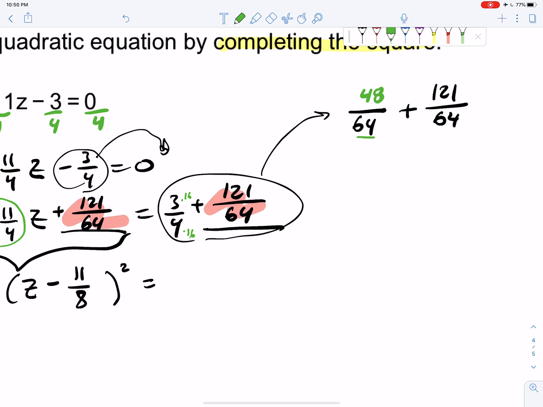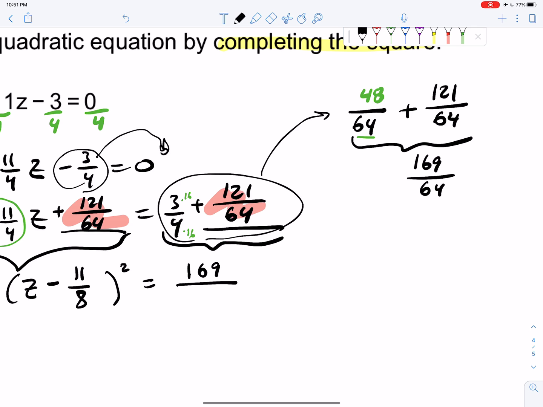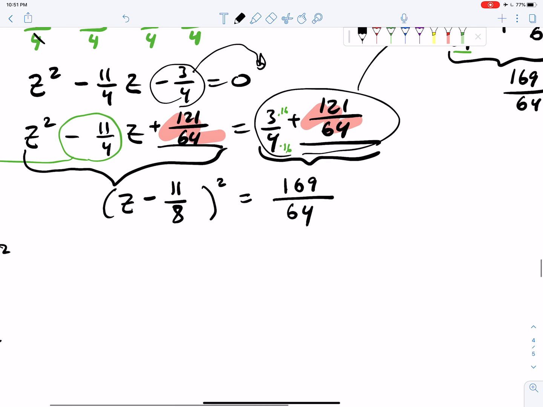I just found an LCD, basically. Now I add 48 plus 121, which gives me 169 over 64. I'm pretty happy about that because those two numbers are, in fact, perfect squares, up top and bottom. So even after all that pain, I'm seeing something nice that's going to happen here.